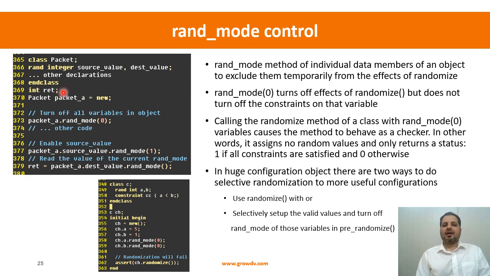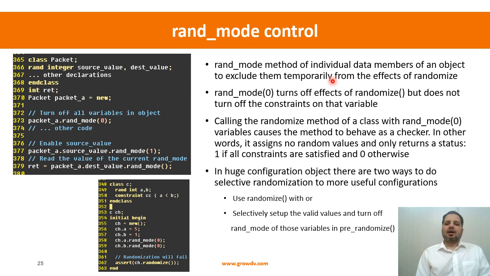I can declare an int variable return and say packet_a.destination_value.rand_mode. Since I've turned off all the rand_mode, this will return a value of 0. This way I can query the current state of rand_mode for a particular variable or for an entire class and make appropriate decisions based on that.